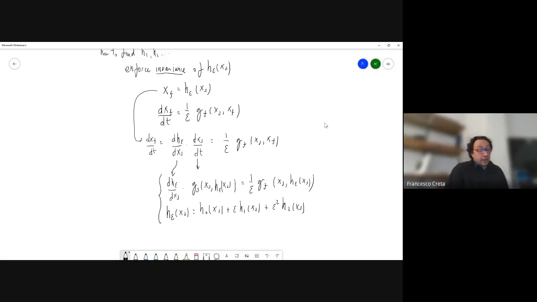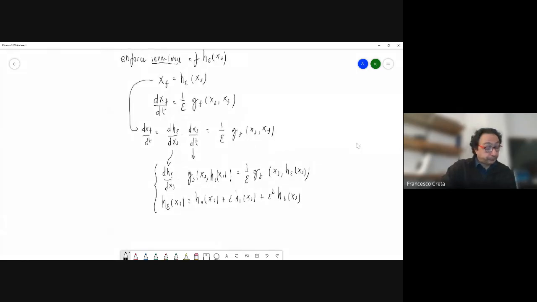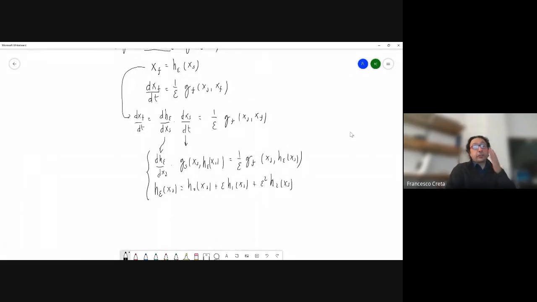So how do we proceed to find h0, h1, h2? What you have to do, and we're going to try this for the so-called chain branching model that we'll see next, is substitute these terms.